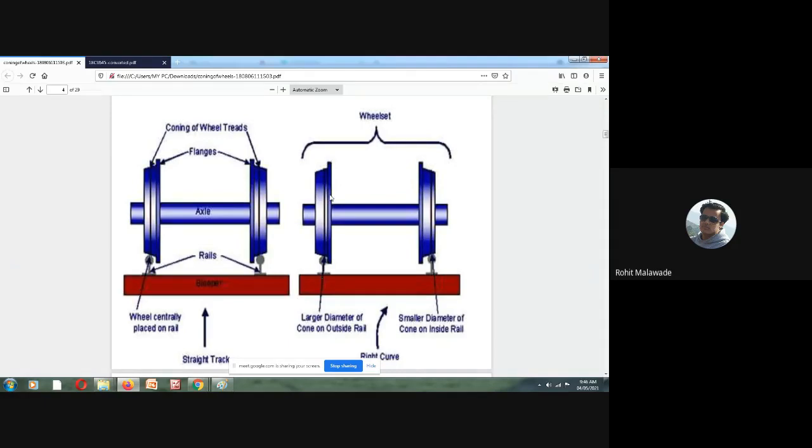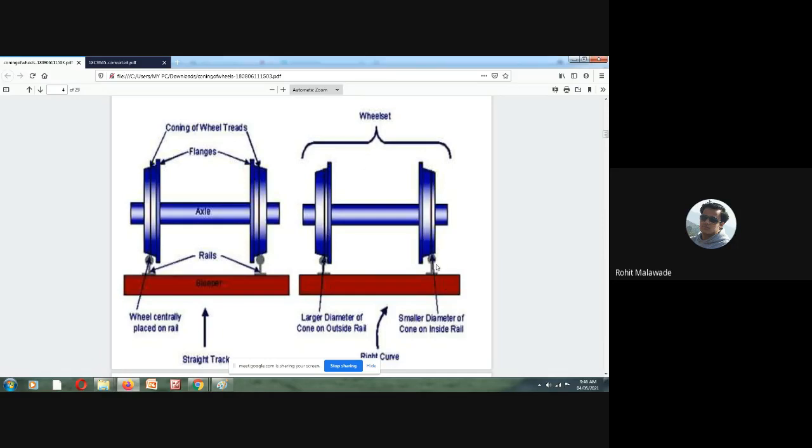What will happen when more pressure is on the outside wheel? The outside wheel will be subjected to more wear and tear because, since it is going to have the larger outer diameter, the flange and the rail will have friction between each other. So this will result in wear of the outer rails, right?